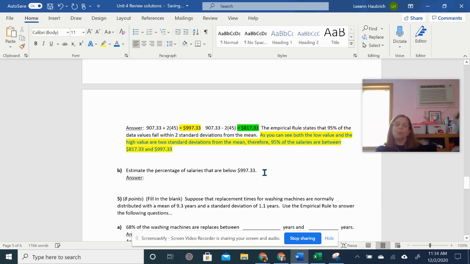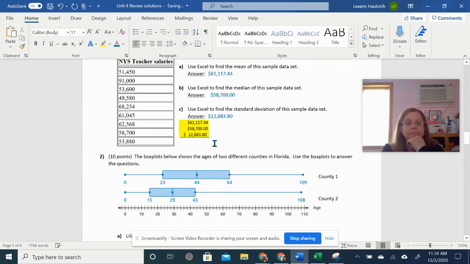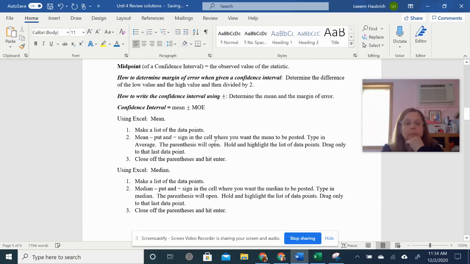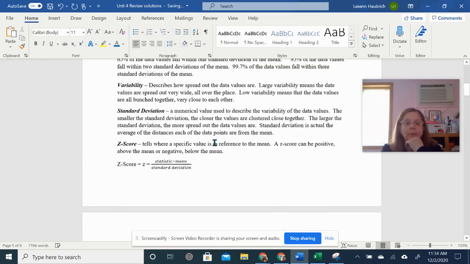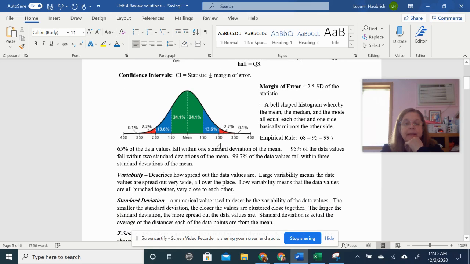So we know, according to the empirical rule, let's go back up here to that picture. So we're sitting right here at 2 standard deviations, right? So from here to here is 95%, right?